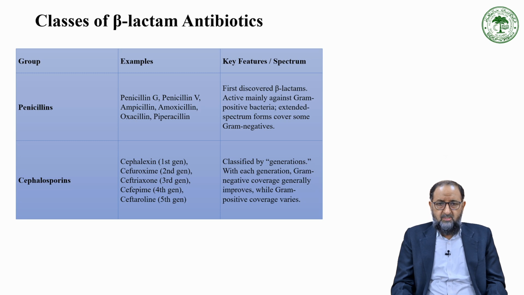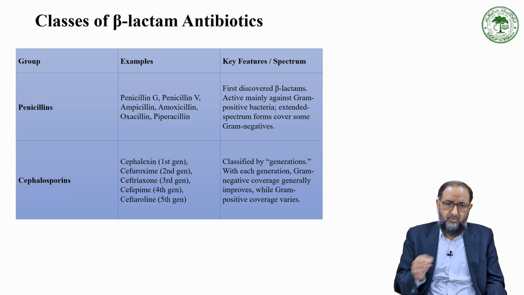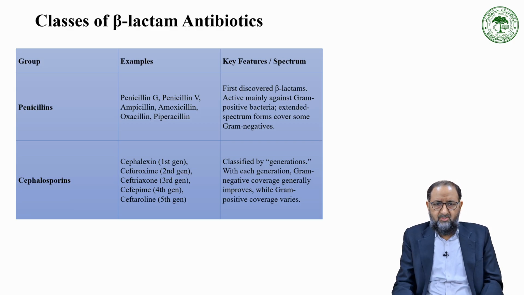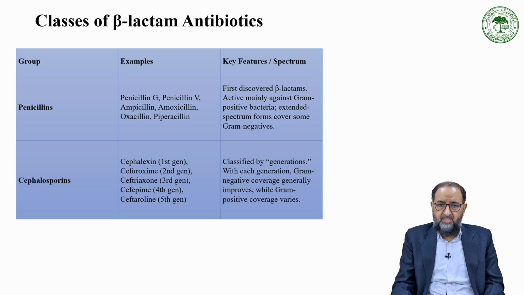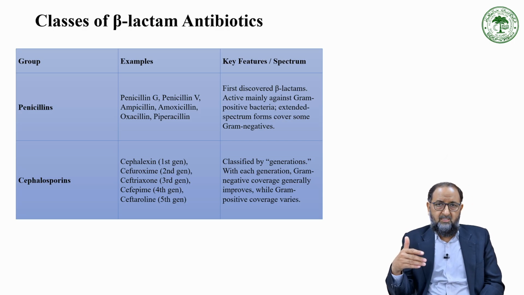Then cephalosporins are of different generations: we have first generation cephalosporin like cephalexin, then cefoxitin, second generation, then third generation like ceftriaxone, then fourth generation like cefepime, and then fifth generation is ceftaroline. Now, each generation is basically an advanced form of the antibiotics with slight modifications, changes as and when required when resistance starts developing. For example, when resistance starts developing in the first generation, the next, second generation comes.